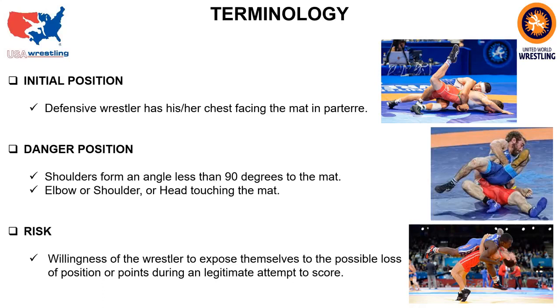Next is the danger position. Danger position is very simply the shoulders form an angle less than 90 degrees to the mat. The head, elbow, shoulders are touching the mat. So on our picture here, we see our blue wrestler getting turned. So if we draw a line straight down through his body here, as he is getting turned this way, once he goes to 89 degrees, he breaks that 90 in here, he has lost 2 points to red.